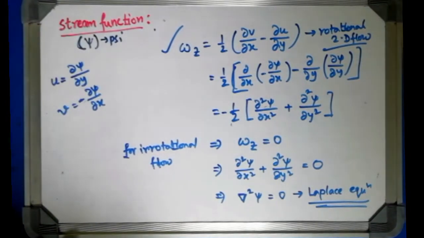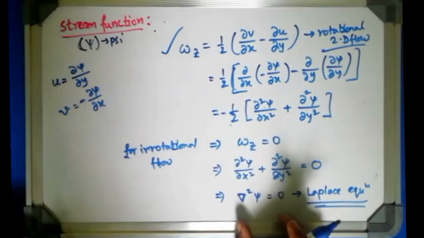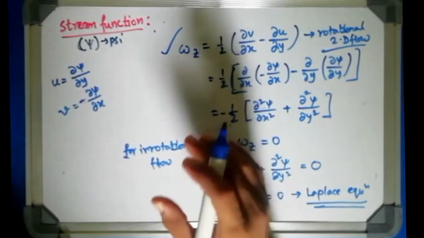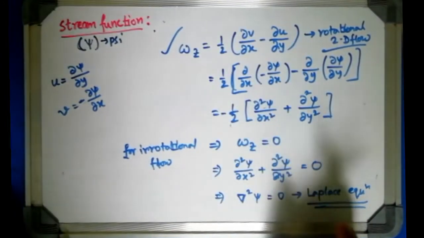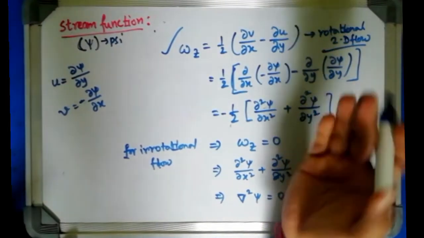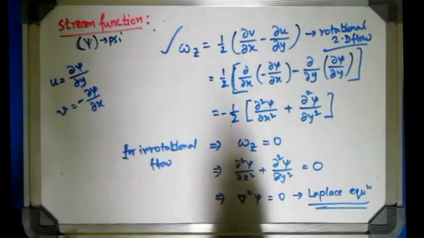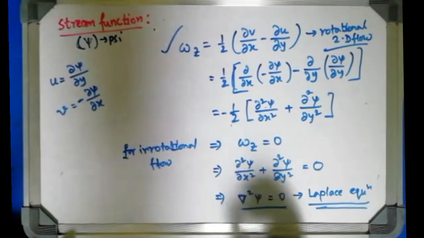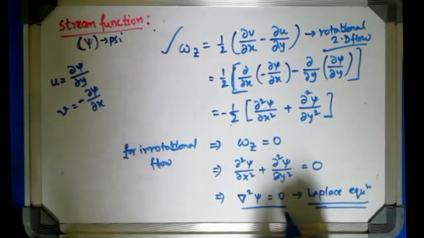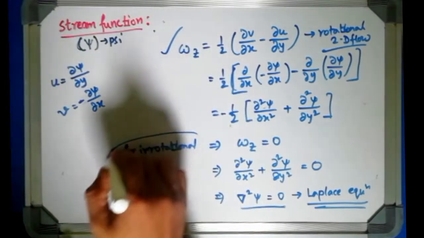Here I have written two properties for the stream function. I have written that if the stream function exists, then it is a possible case of fluid flow, which may be rotational or irrotational. But if the stream function satisfies the Laplace equation, again repeating, then I can say it is a case of irrotational flow.